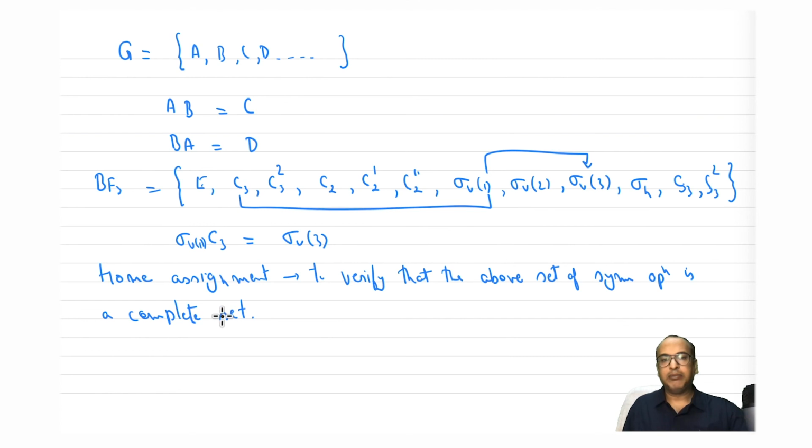By complete set I mean that any combination of two symmetry operations should give rise to a third symmetry operation which must be present within this set. The combination does not necessarily have to be of two different operations. It may also be that C3 and C3 are combining. If we combine C3 and C3, we get C3 square. If we combine C3 and C3 square, we get E. I have already done at least three combinations for you, so you should be able to verify the rest.